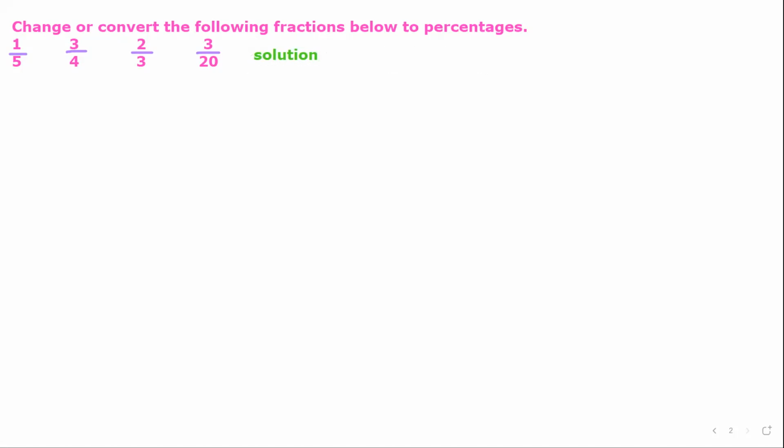Good. So let me take the first one. The first one here is 1 out of 5. If you want to change 1 out of 5 to percentage, that is 1 over 5 to percentage, then you multiply the whole fraction by 100, because percentage is up to 100.